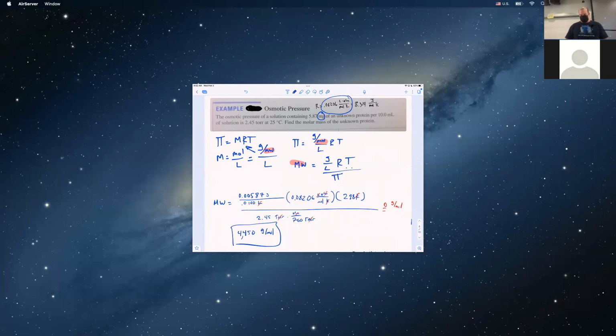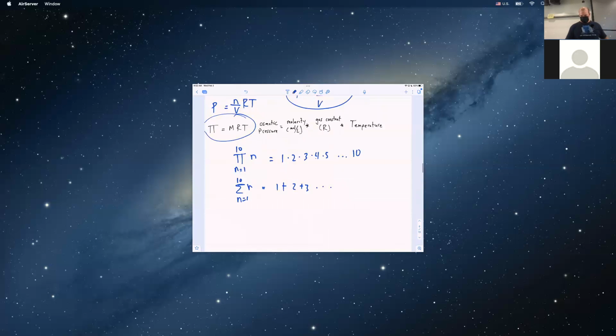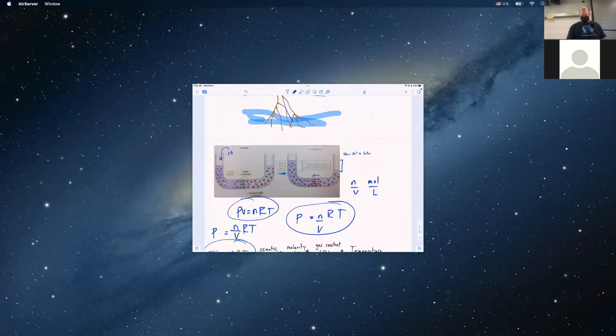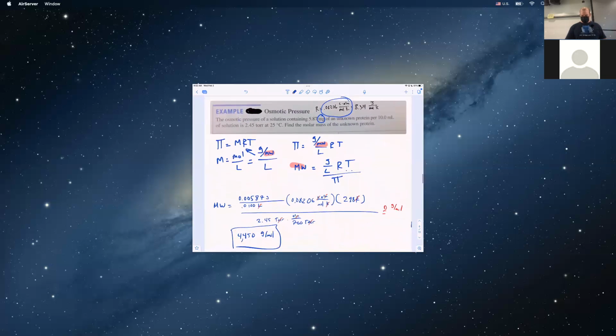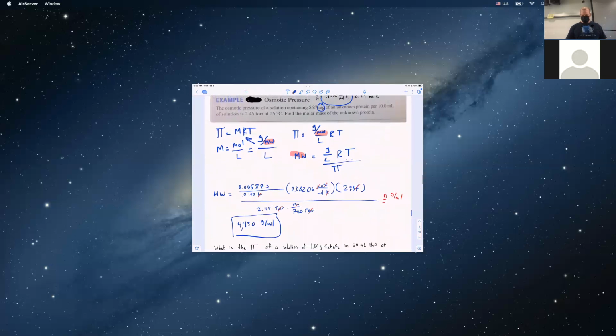So we have osmotic pressure. We had a U-tube apparatus. We threw in some protein in there, perhaps the tip of a coronavirus or something. And we noticed that the solution had a change in height, which corresponded to an osmotic pressure of 2.45 torr.